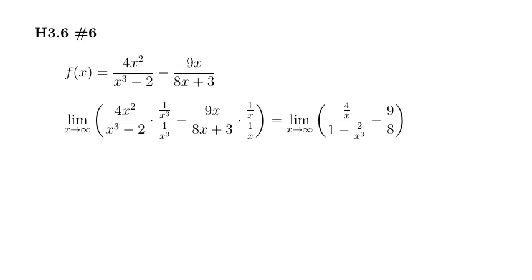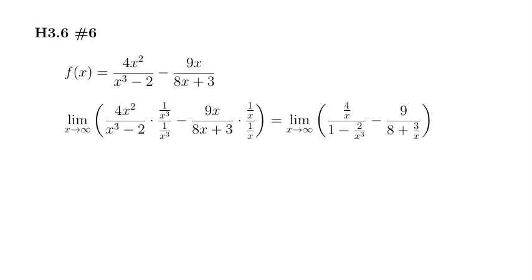Then 3 times 1 over x is 3 over x, so plus 3 over x.